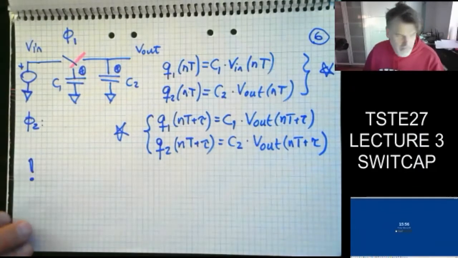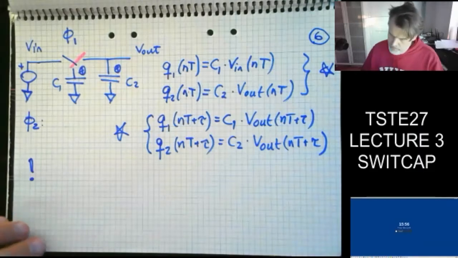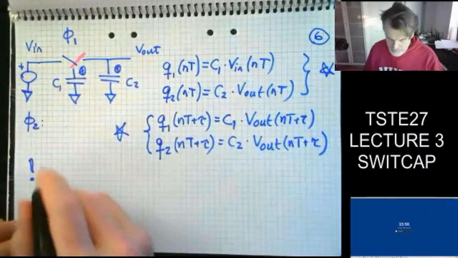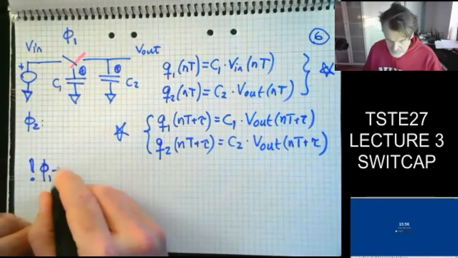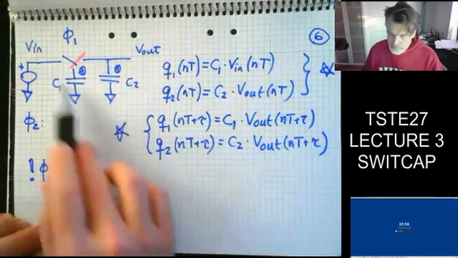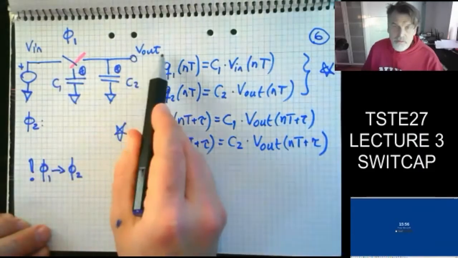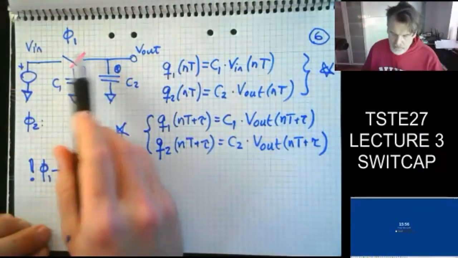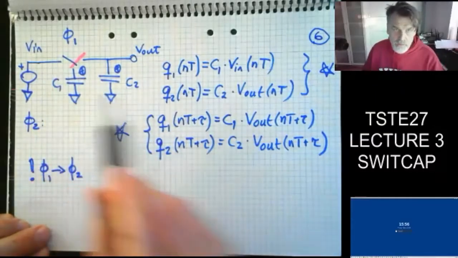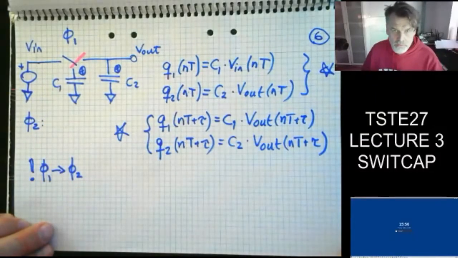And what kind of preservation analysis can we do? Well, what happens with the total charge in the system between the two phases? So preservation from phi 1 to phi 2. Well, if we look at the system and assume that nothing is connected to V out, then all the charge that I had in phase phi 1 will be equal to the charge I have in phase 2.